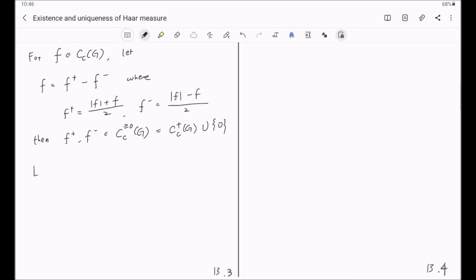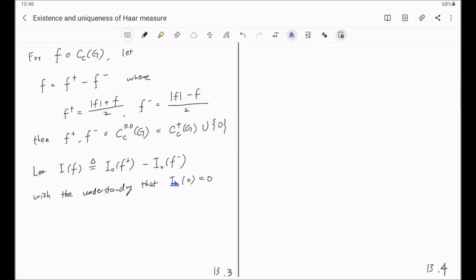Now we define I of f as I0 of f plus minus I0 of f minus, with the understanding that I0 of 0 is equal to 0 by convention.